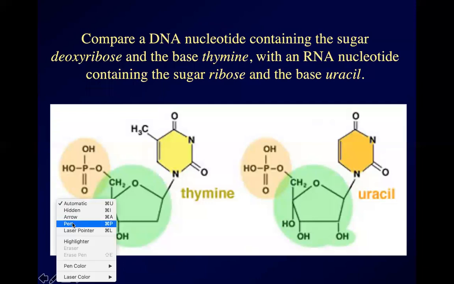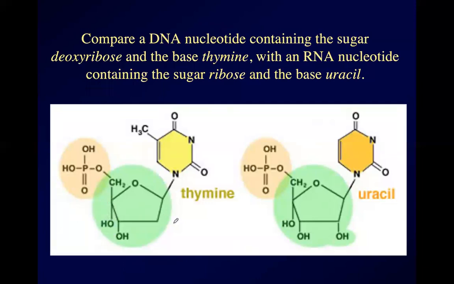So I think we had this last time. On the right is an RNA nucleotide, and you'll notice that right there it's got that extra piece that says OH, that's an oxygen and a hydrogen stuck to that ring of carbons right there. That's present in ribose. Over here, it's not there, and that's what makes this deoxyribose.